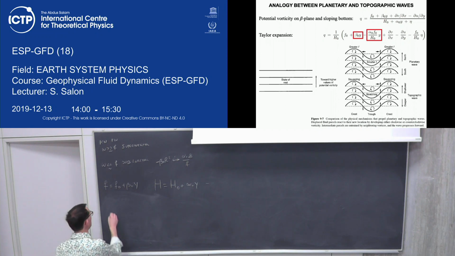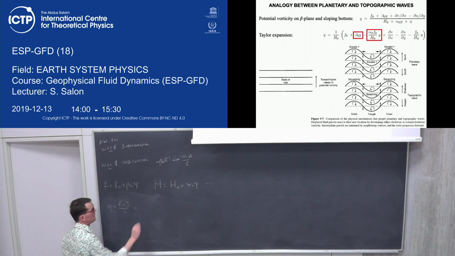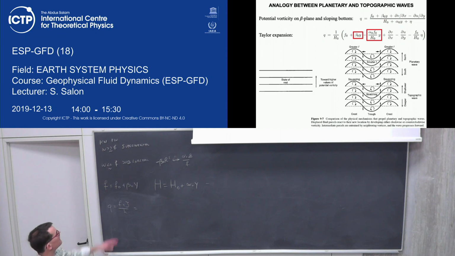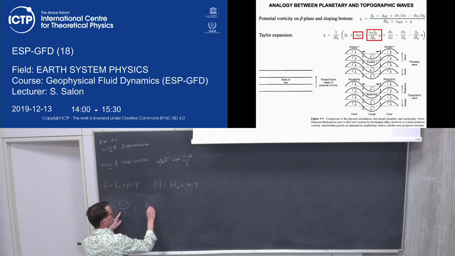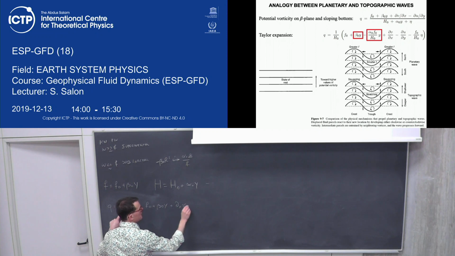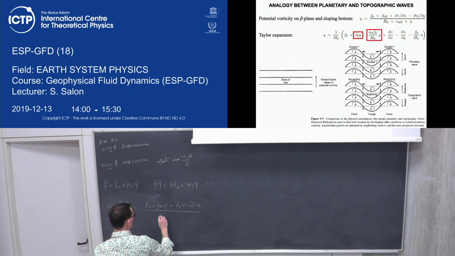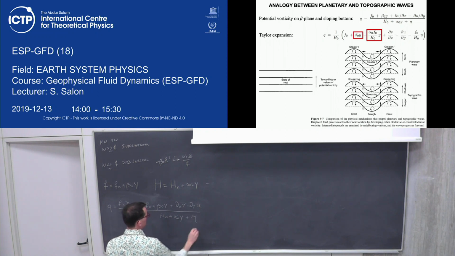So we defined Q equals f plus zeta over H. We can analyze this for our two cases of perturbation. So f will be f0 plus beta 0 y, plus dxv minus dyu, which is zeta, divided by H0 plus alpha 0 y plus eta.